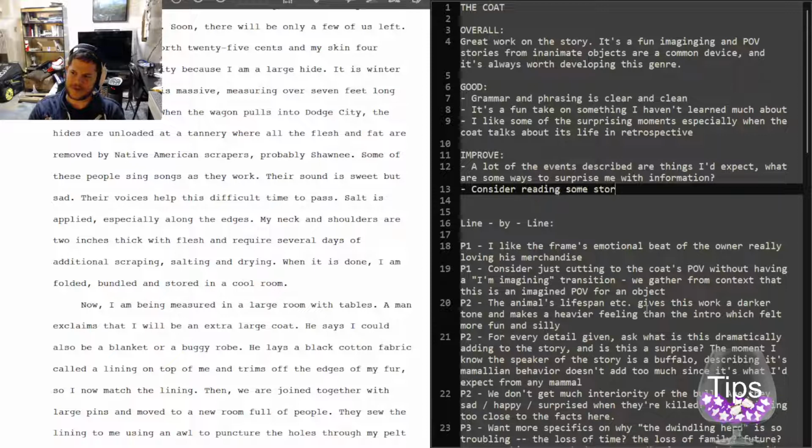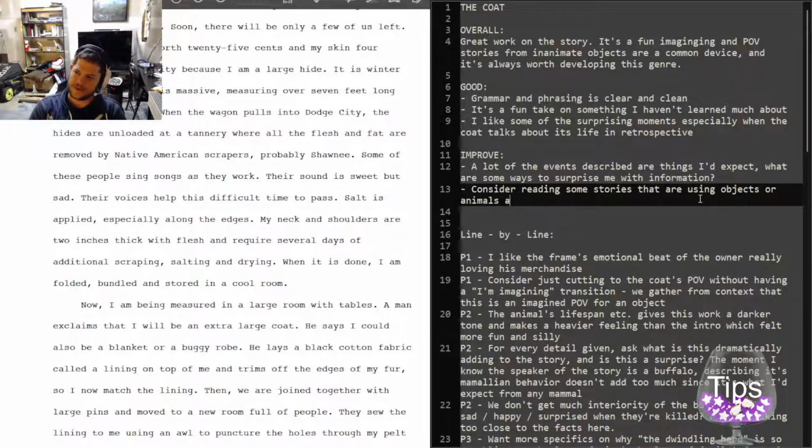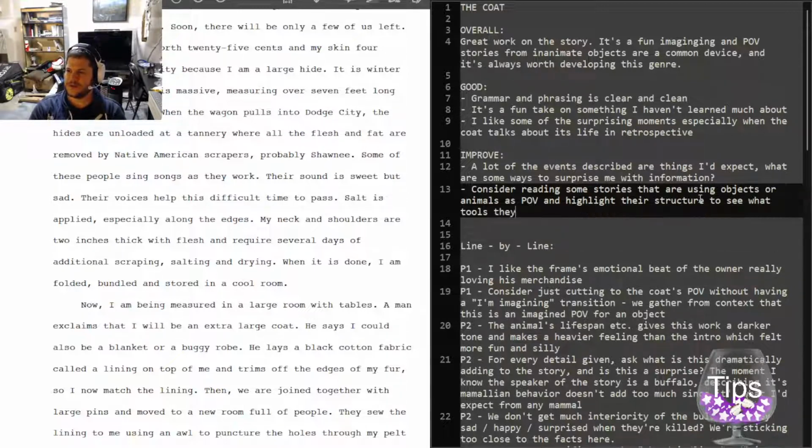Consider reading some stories that are using objects or animals as POV, and highlight their structure to see what tools they're using.